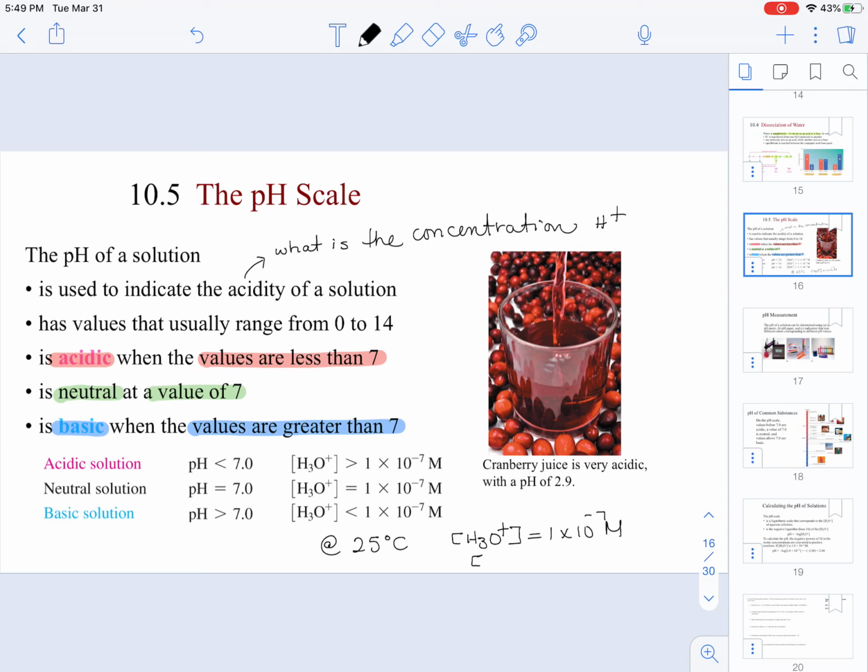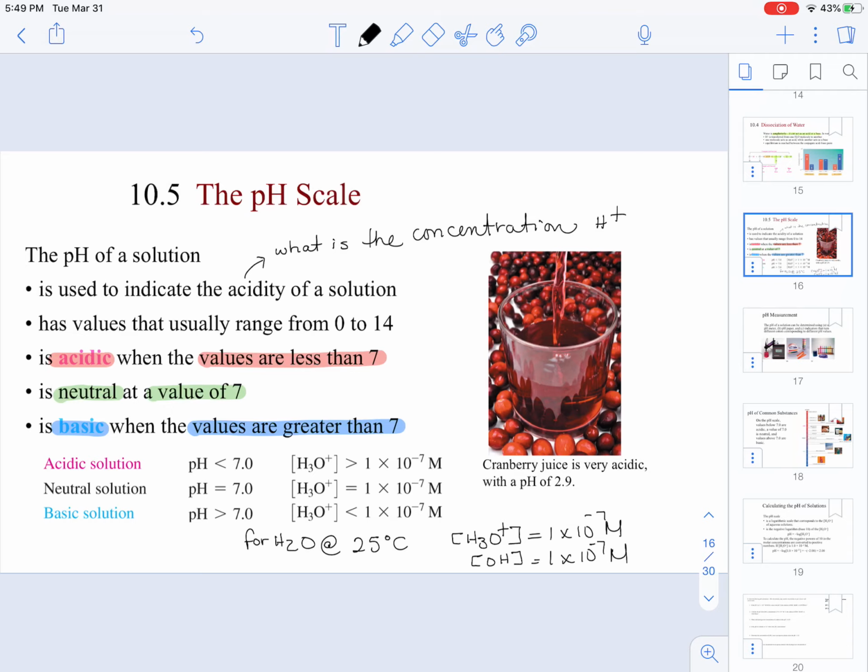The concentration of OH-, again for water, is also 1 times 10 to the negative 7 molar. So that's where those numbers came from.